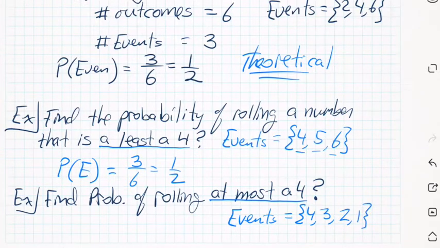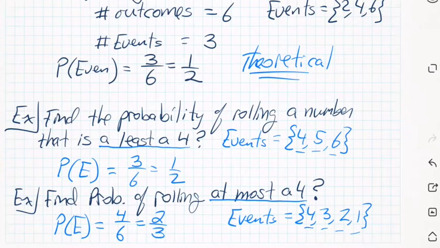So we're talking about 4, 3, 2, and 1. So the probability of this event is going to be the number of events, which are 4 of them, out of the total number of outcomes of rolling a die, 6. So this probability would be 2/3.